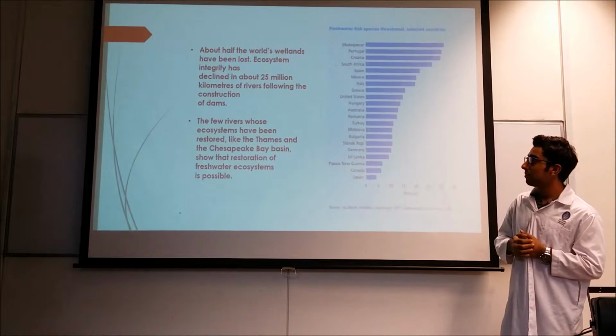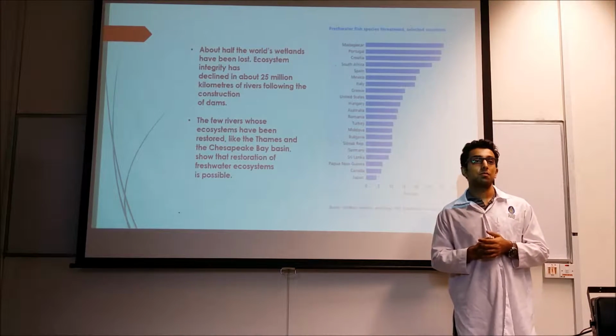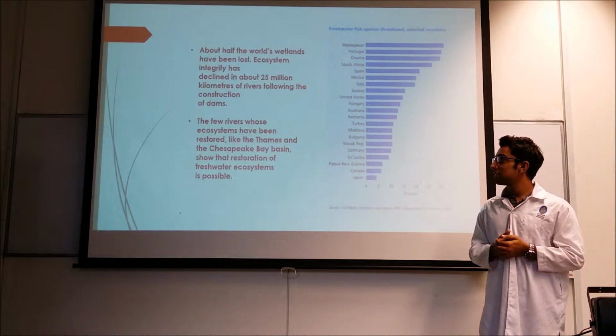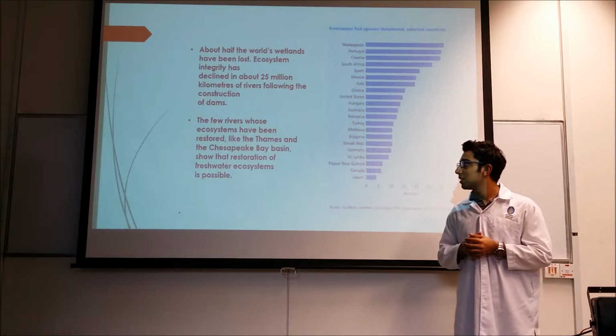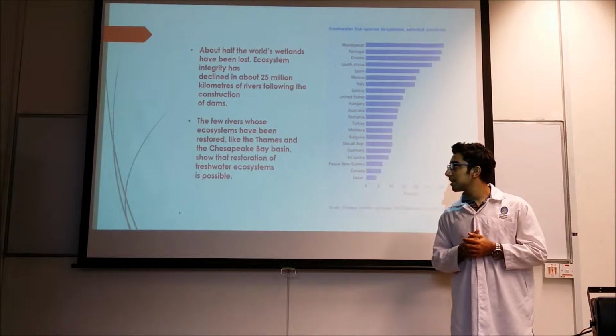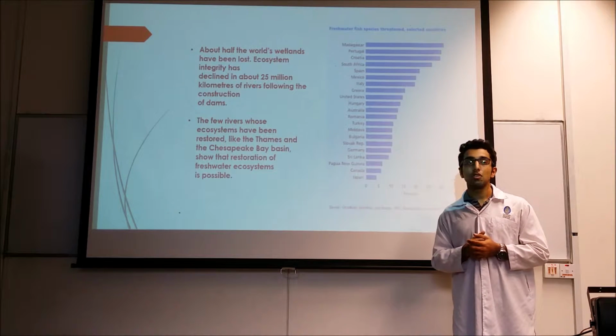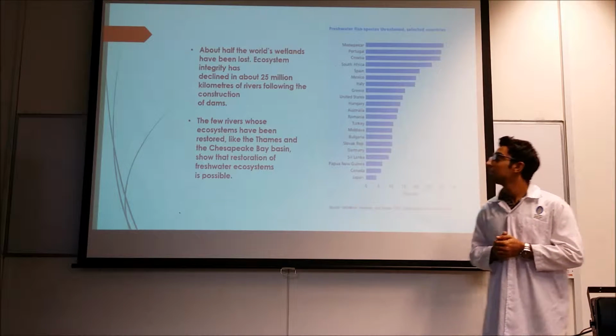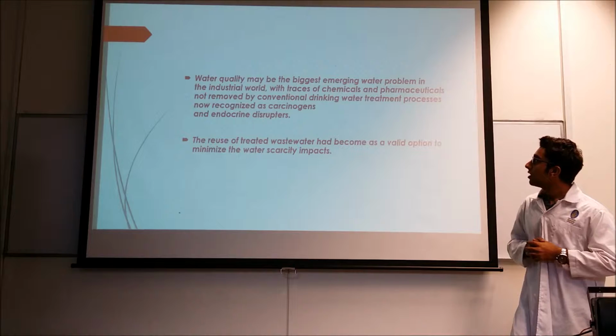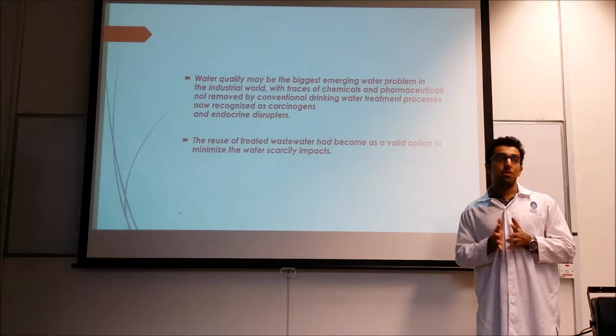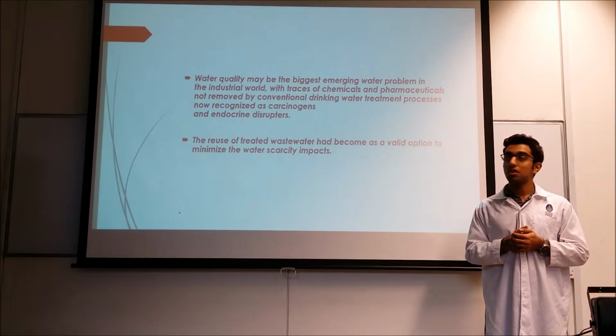But there's always a sign of hope, as restoration has been done on the River Thames and the Chesapeake Bay Basin, which have restored freshwater ecosystems. So it means it is possible. This is one of the biggest problems facing the world right now.